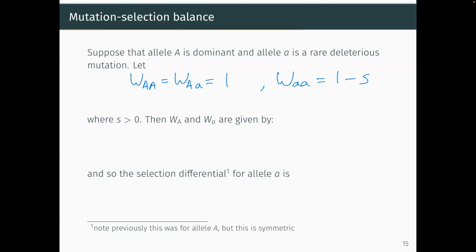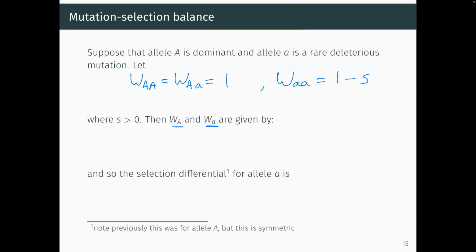If you recall, in the last lecture we introduced some definitions for the fitness of individuals with these alleles.